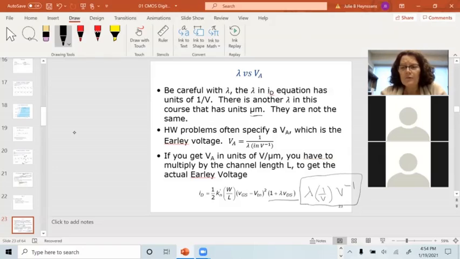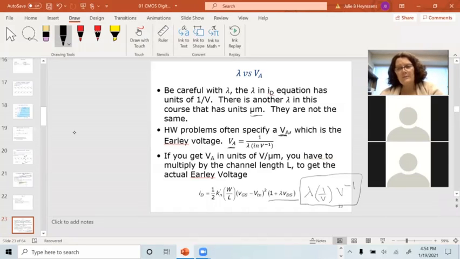The homework problems are coming out of Sedra Smith. They often specify VA, which is the early voltage, and no, that's not misspelled, Microsoft. It's actually the name of a person. This VA is like 1/lambda. So if I know lambda, I take 1 over that, or if I want to find lambda given VA, I just invert it.